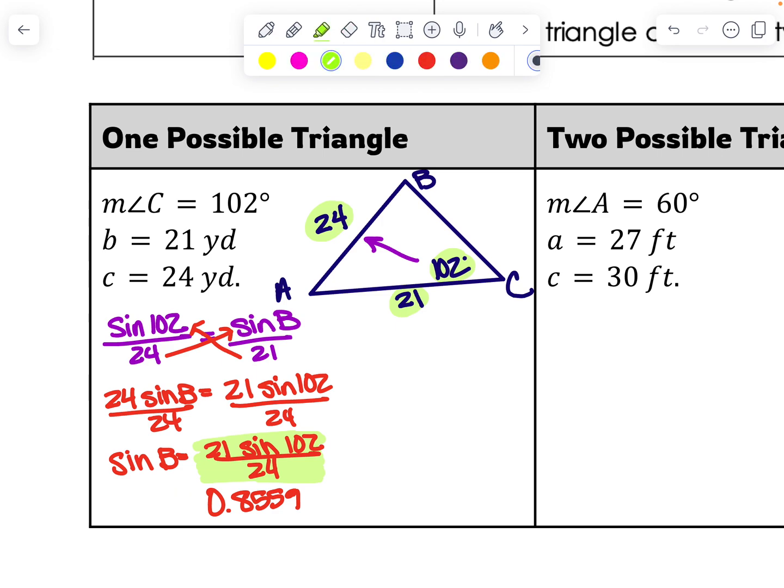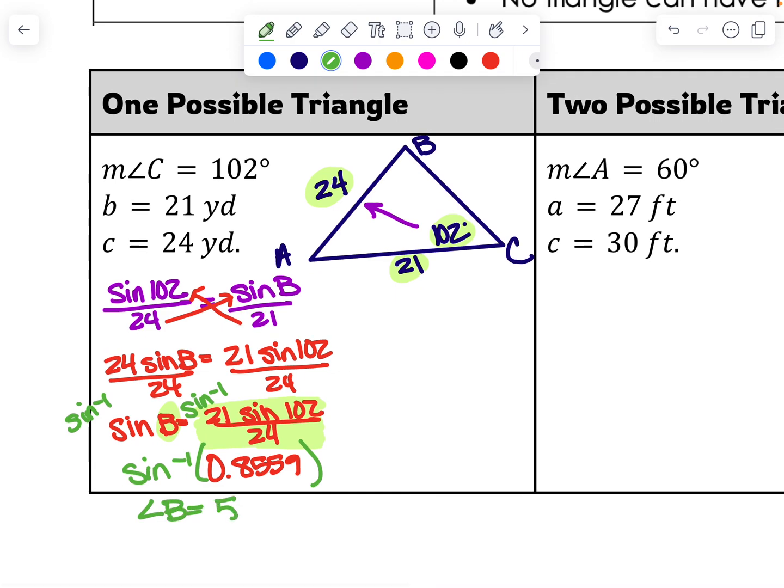I'm trying to solve for an angle, which means I need to take the inverse sine of that ratio. Okay, so I'm going to inverse sine both sides, and that gives me that angle B is going to be 58.9.